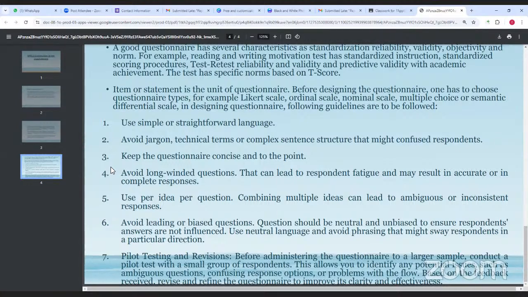And based upon that, you can develop the norm. By age, by gender, by grade, etc.